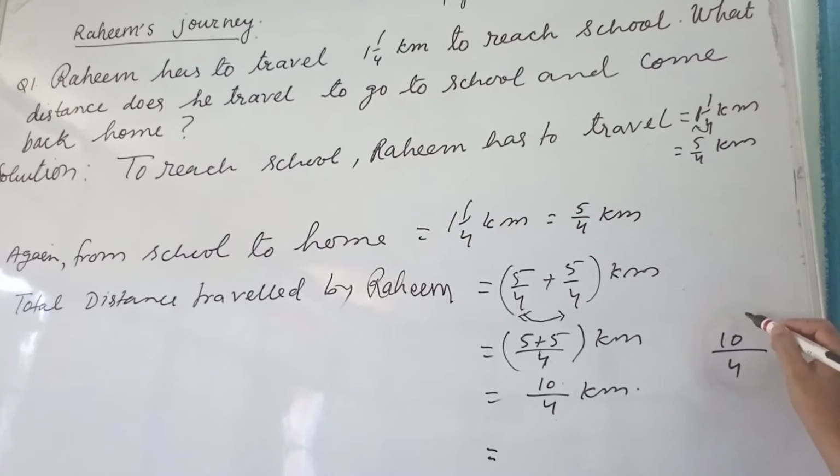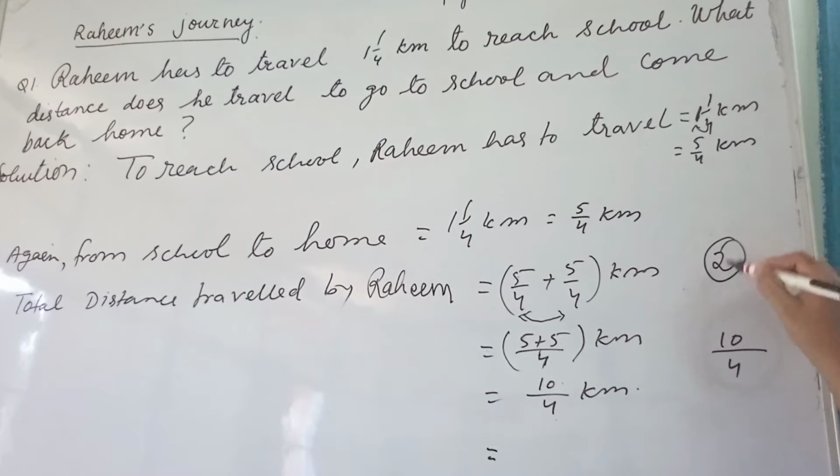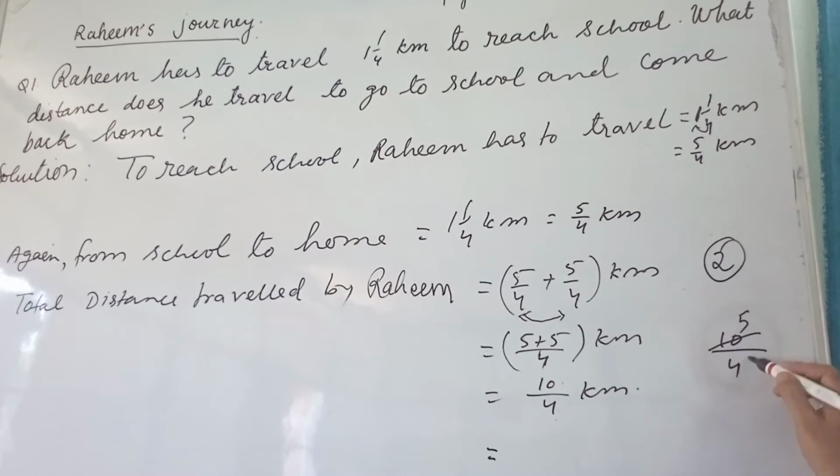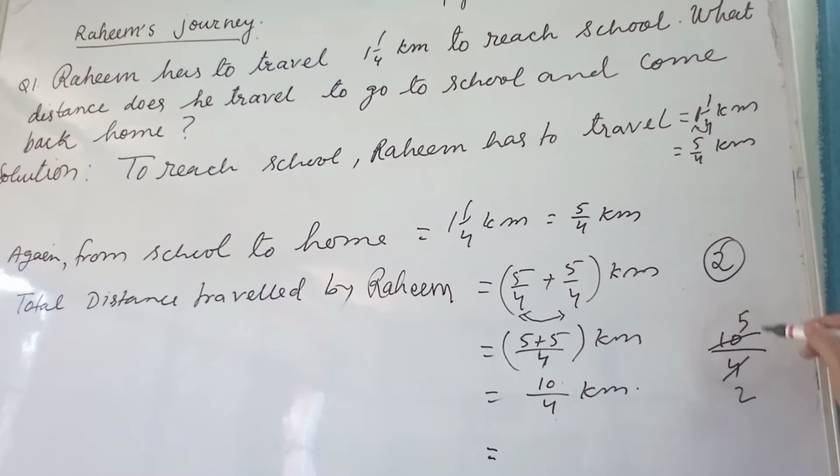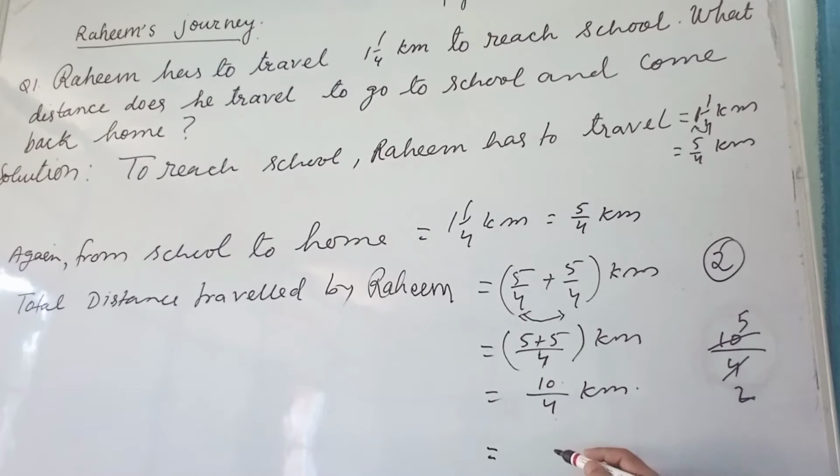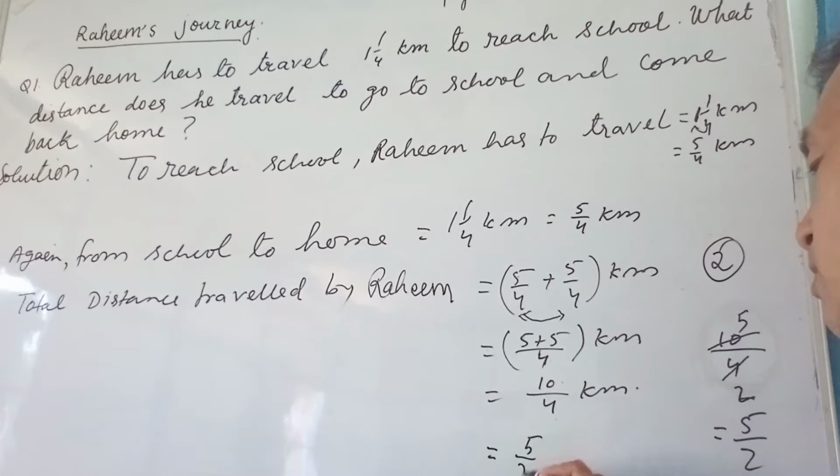You divide 10 by 2, 2 fives are 10. Again you divide 4 by 2, 2 twos are 4. What I am writing here is the quotient, 5/2 kilometer, okay.